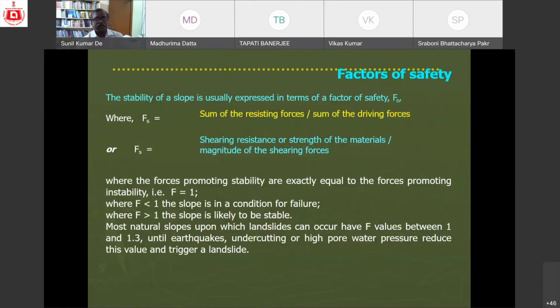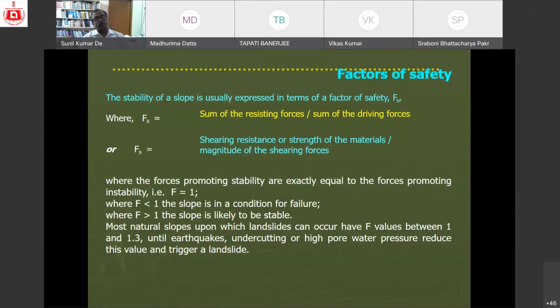Now, for the mechanism, we need to understand the factor of safety. Firstly, what are the resisting forces? If a slope is formed naturally, whatever the composed material, the resistance power of the slope remains intact.